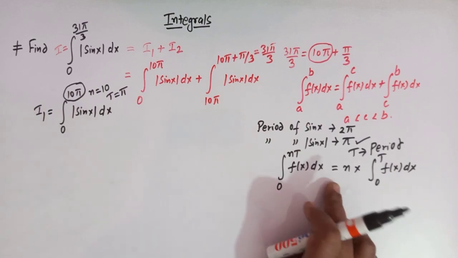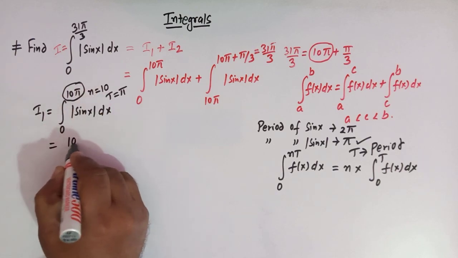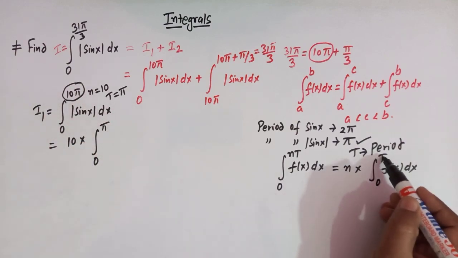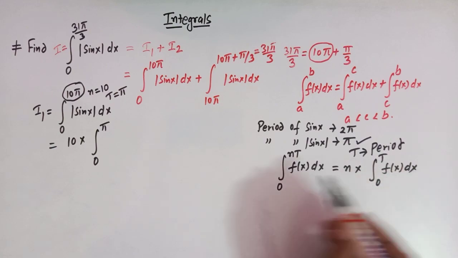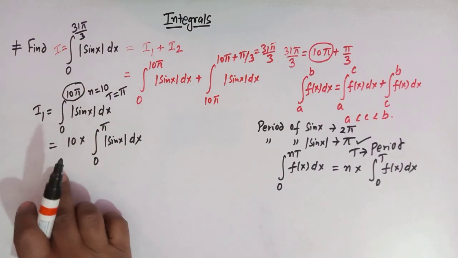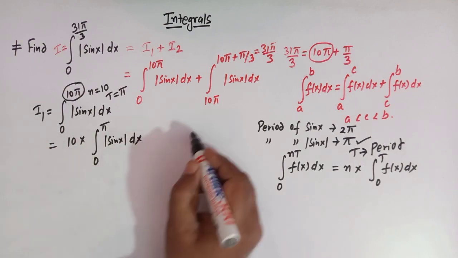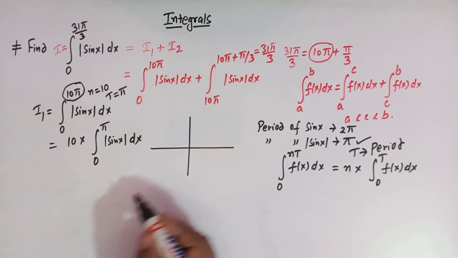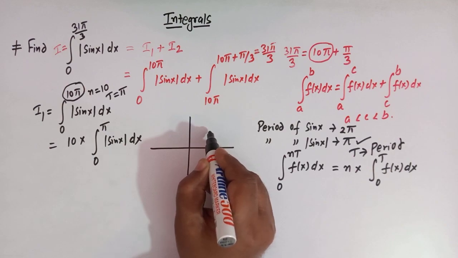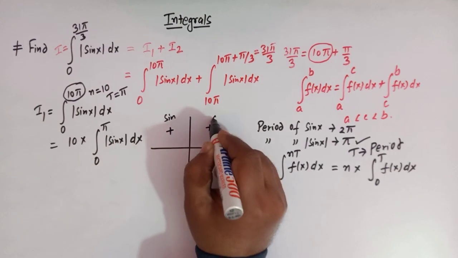Now applying this property to this integral, the value of n is 10, so we can write 10 times the integral from 0 to π, where T is the period and f(x) dx is mod of sin x dx. With the help of this property, we have reduced this integral to this one. From trigonometry we know that in the first two quadrants sine is positive, so the sine function is positive in the first and second quadrant.